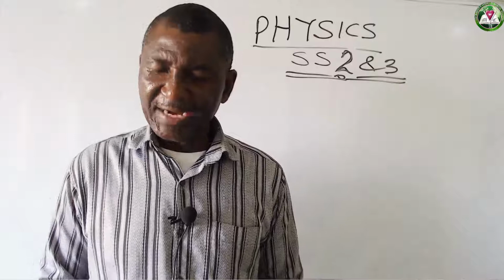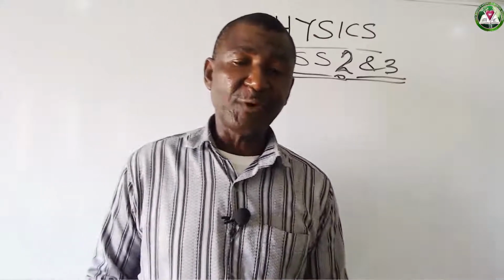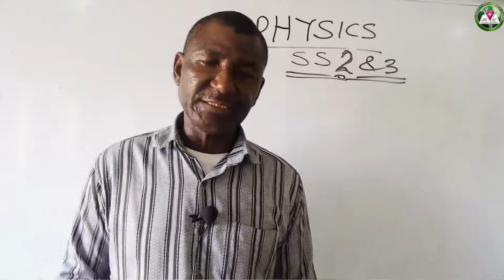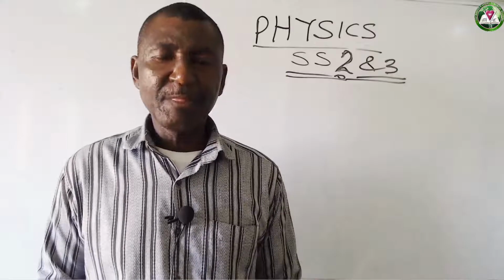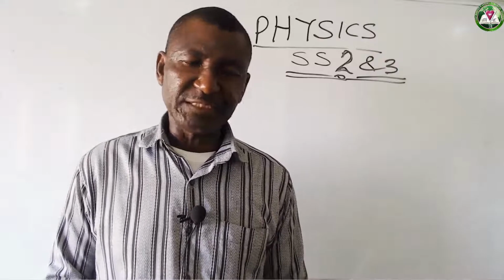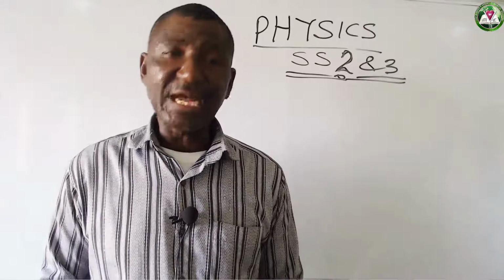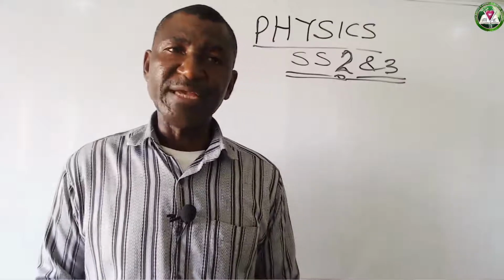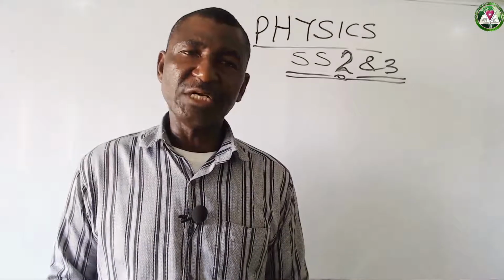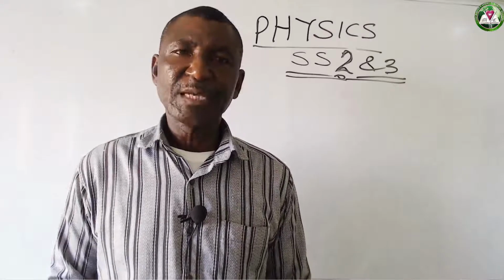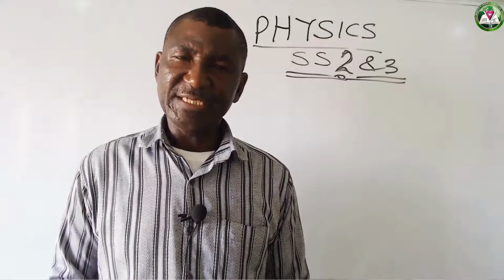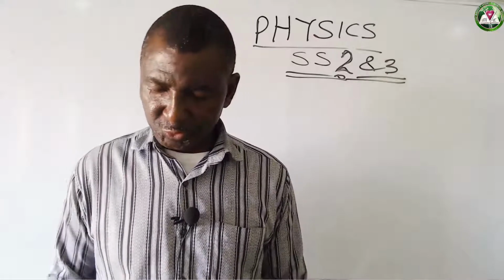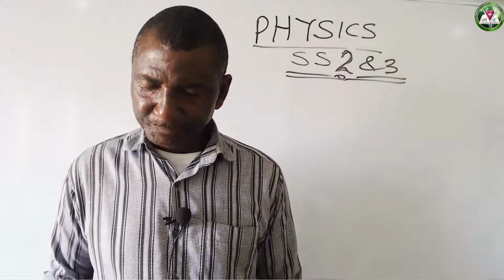That is the bending of light as the ray travels from one medium to another as a result of the difference in densities of the two media. The velocity or the speed of the ray actually determines the extent to which this particular ray is going to bend.